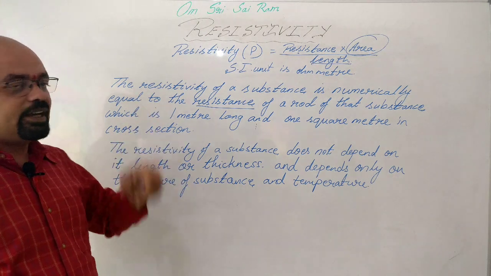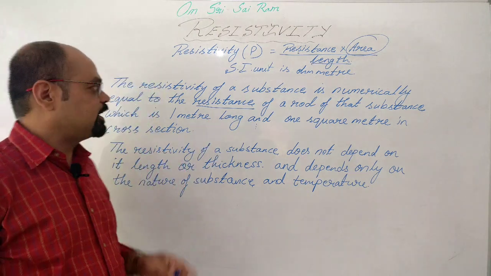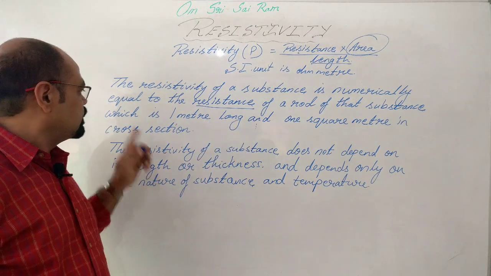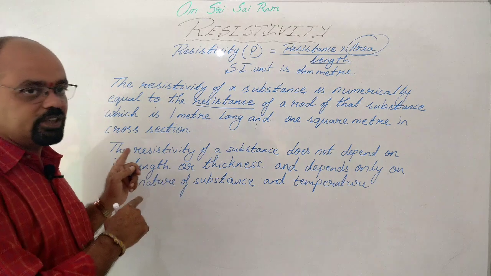So we can define it as: the resistivity of a substance is numerically equal to the resistance of a rod of that substance which is 1 meter long and 1 square meter in cross section.